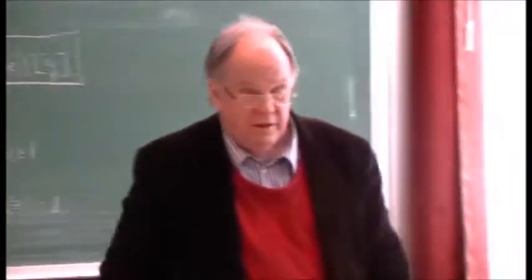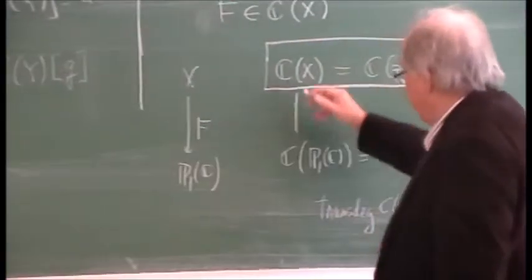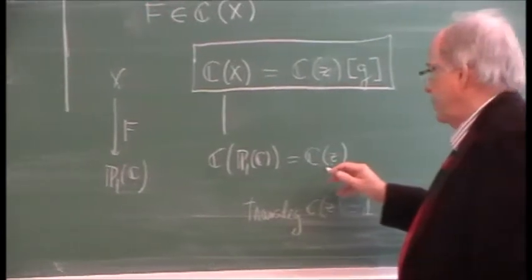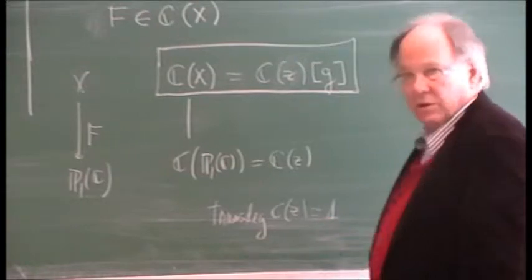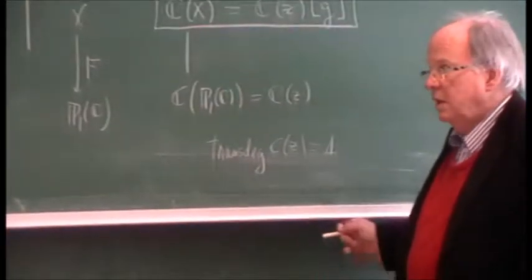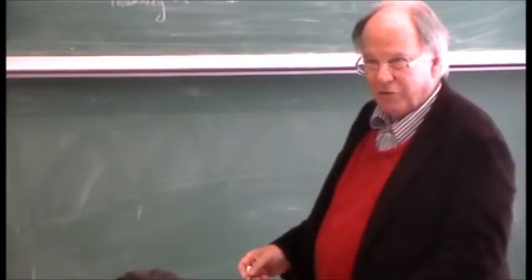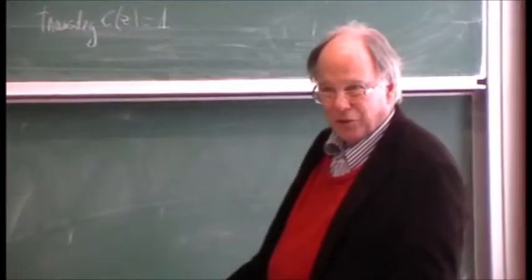That's all I've said. And I applied it to the case where the downstairs is P1, so we have the extension of the full field on P1, which is just the rational functions, and this is of this degree. So I think that got you more or less up to date. I like it very much because it's an example of how thinking algebraically about field theory helps you think about this.